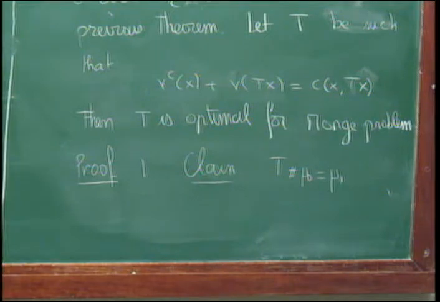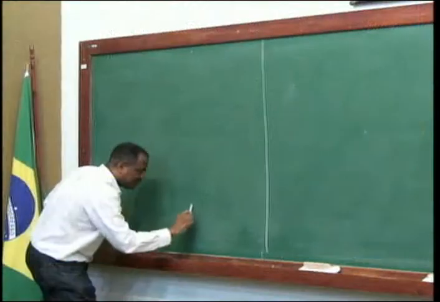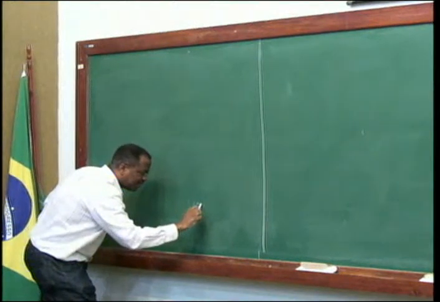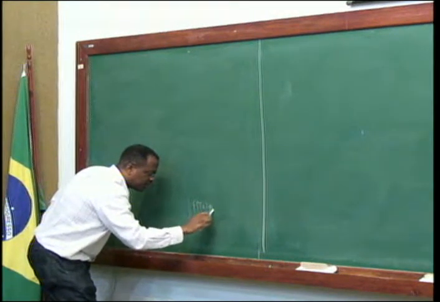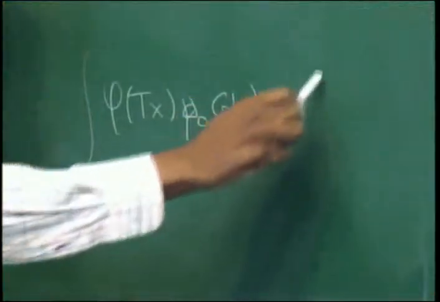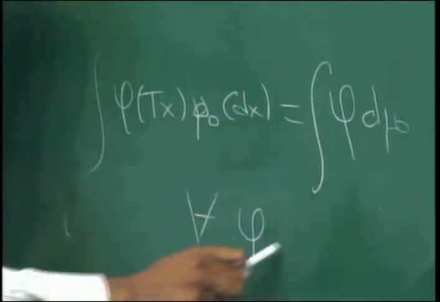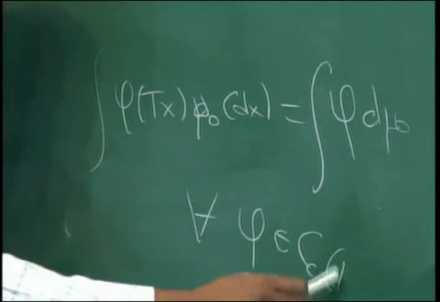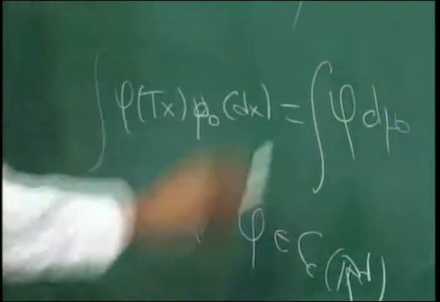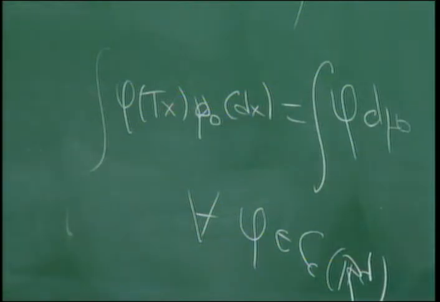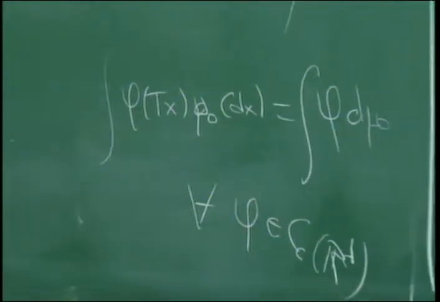So this claim amounts to proving, do I have the integral of phi of T of x d mu naught equal to the integral of phi d mu 1 for every phi which is continuous with compact support. If I can prove that, then it means that T pushes mu naught forward to mu 1.